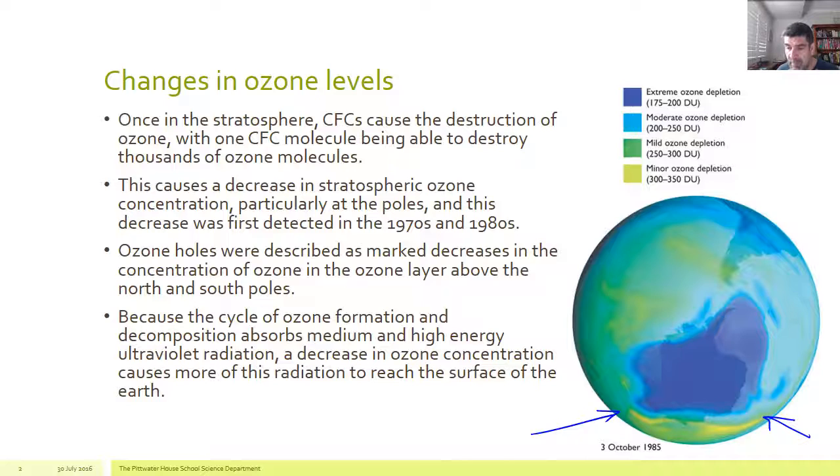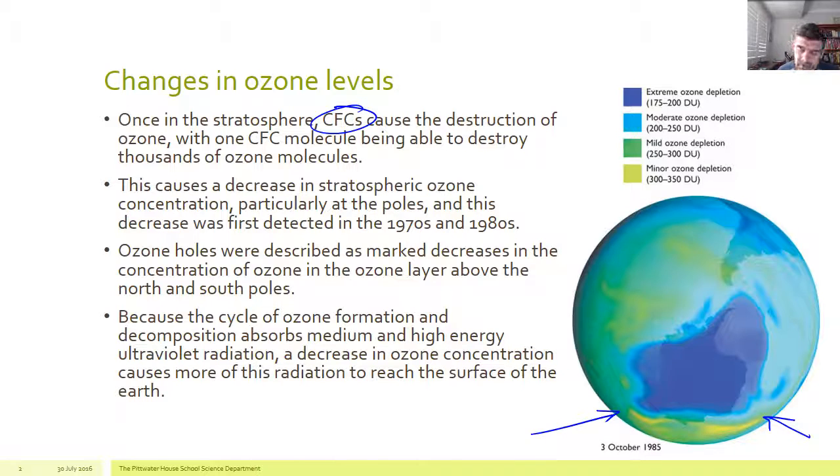And so a lot of work, a lot of agreements were being put in place in order to try and address these problems. And the problems stemmed from the use of CFCs. These were causing destruction of ozone once they reached the stratosphere.